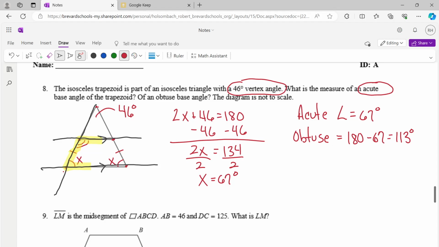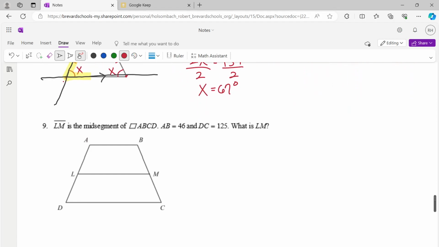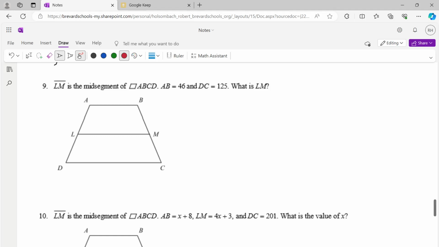All right, problem number 9. LM is a midsegment of ABCD. AB is 46.